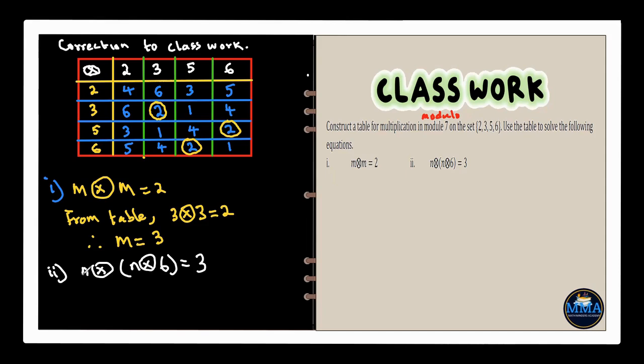If I multiply a number by another number, it gives me 3. If I multiply n by something, it gives me 3. So let's see how we can handle this.